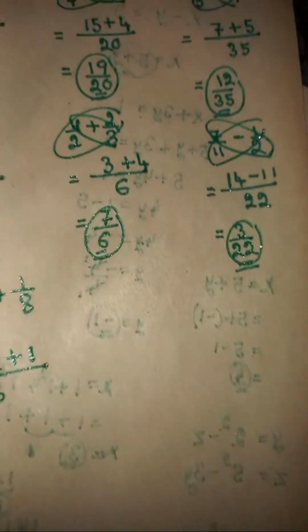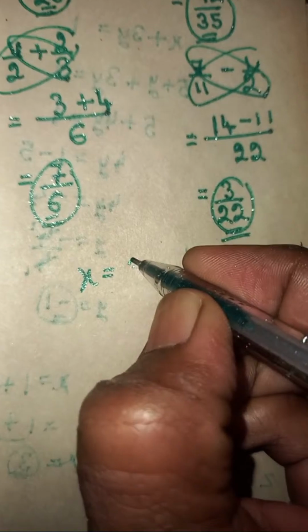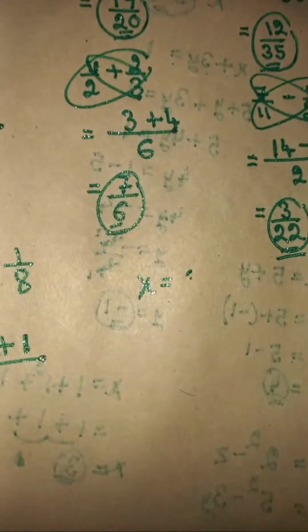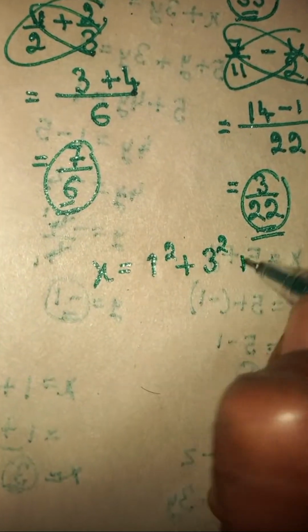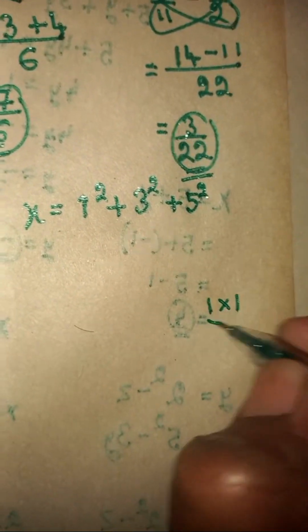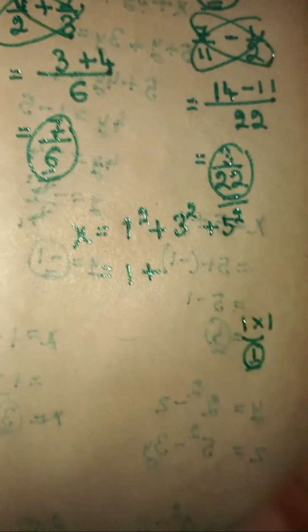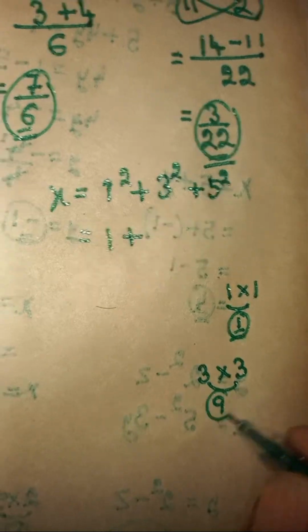Let's take one more problem. Here they have given x equal to 1 square plus 3 square plus 5 square. Now 1 square means 1 times of 1, which becomes 1. So this remains as 1. 3 square means 3 times of 3, which is 9.